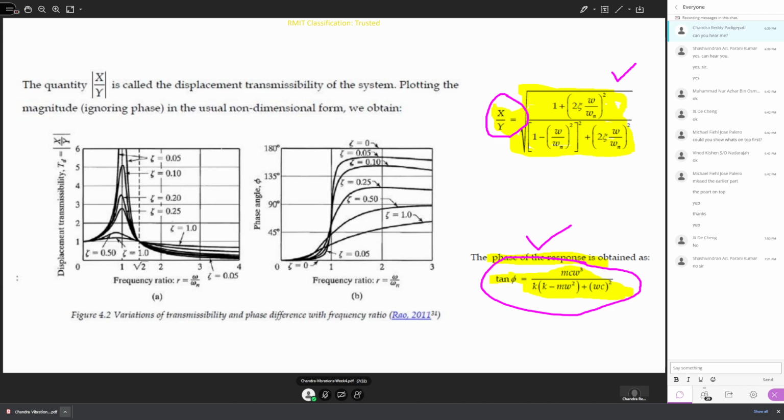Now, we can also call this x by y the displacement transmissibility of the system. So how much amount of displacement of the base is transmitted into this system. So that is the displacement transmissibility x over y.